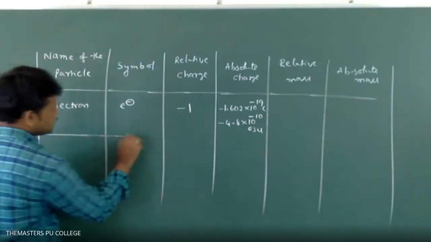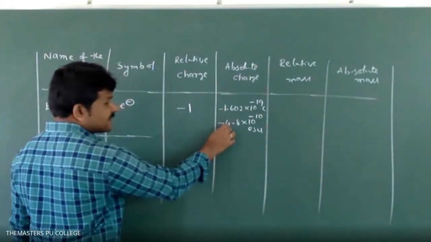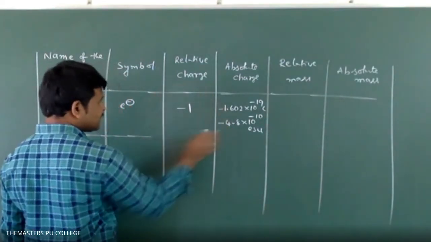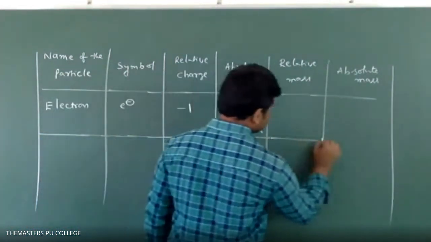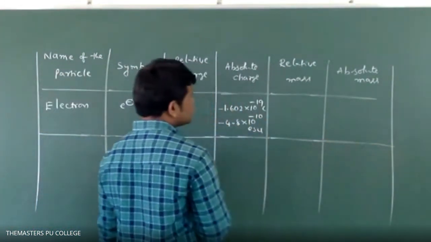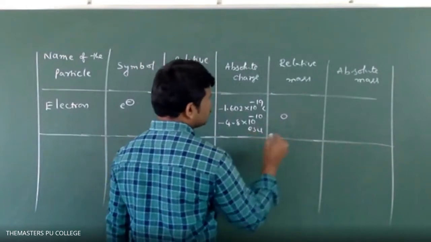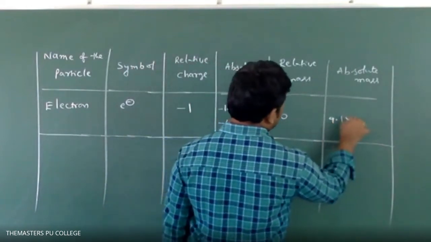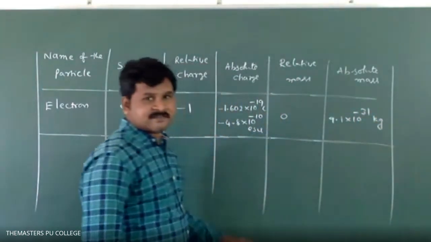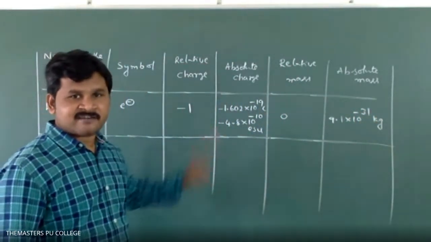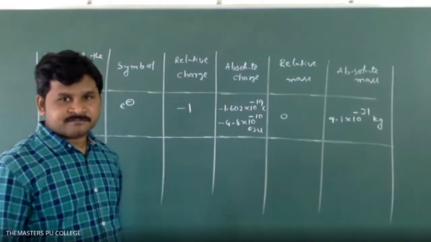CBSE students, you have seen this value somewhere. Can you say where we used this value, this 4.8 into 10 power minus 10 ESU?